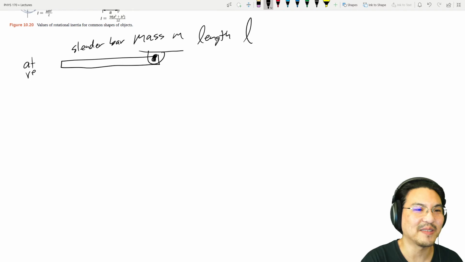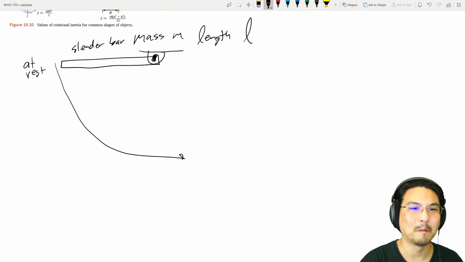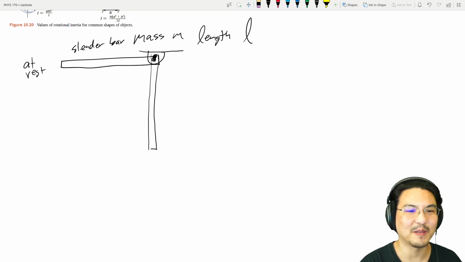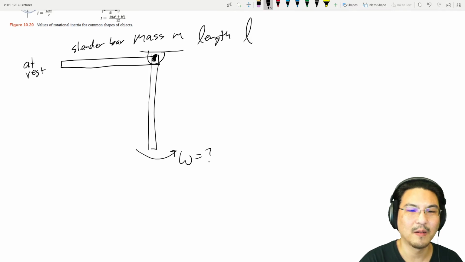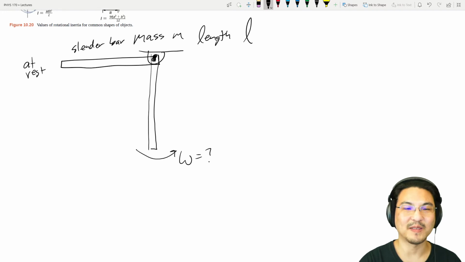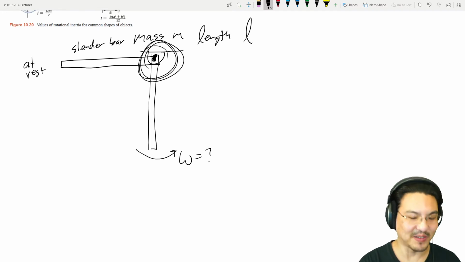So it's at rest, and it swings like this. And now I want to know, what's the angular velocity here? Okay, so how do we do this? So let's say there's no friction in this hinge.